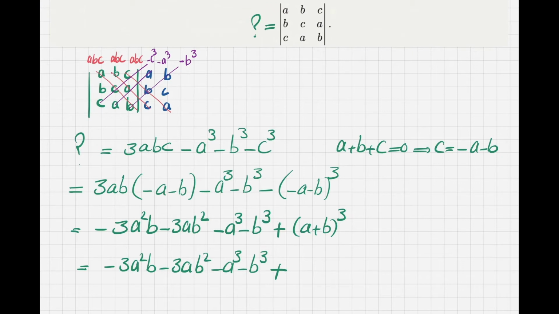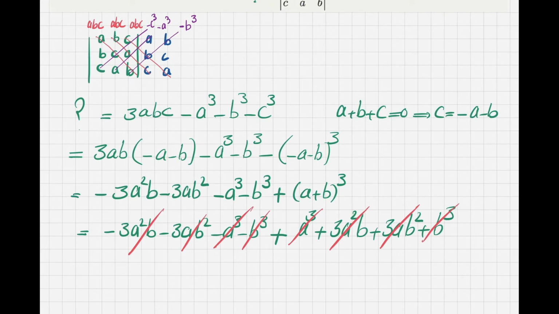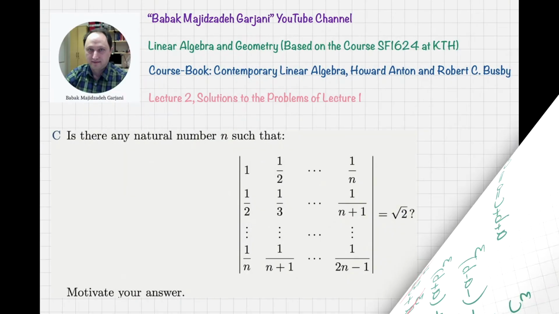If I want to raise a binomial to power 3, the answer is the first one to the 3, plus 3 times the first one to the 2 times the second one, plus 3 times the first one times the second one to the 2, and finally b to the 3. And then interestingly, you see that everything is now cancelled. This is cancelled with that one, positive and negative, positive and negative, positive and negative. So nothing is actually left, which is 0.